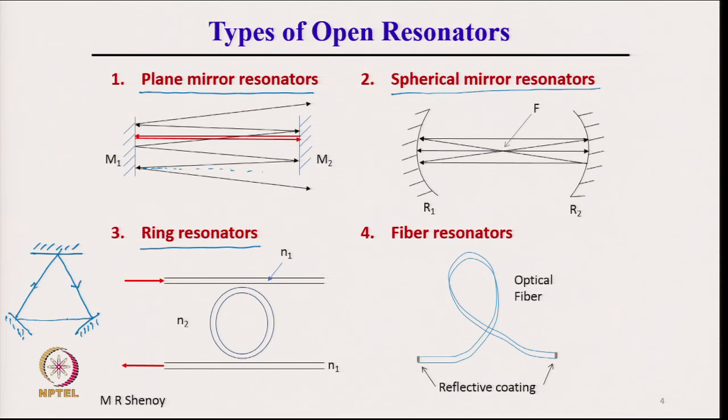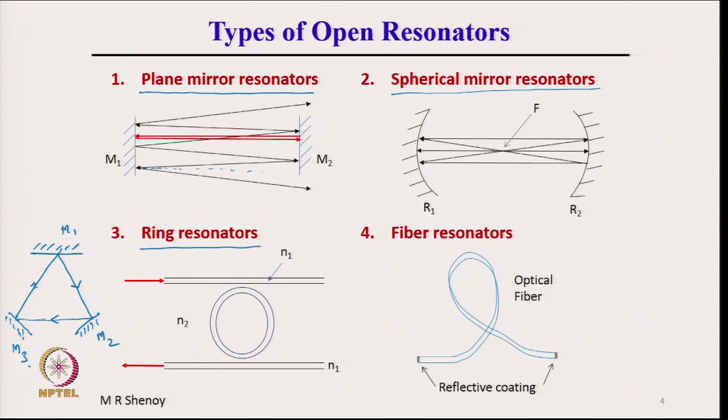You can see that the ray path takes a complete round trip like this. It is a ring resonator because the ray path follows a ring path, or a circular path, or a closed loop path. So, this is a simple ring resonator comprising 3 mirrors M1, M2, M3.